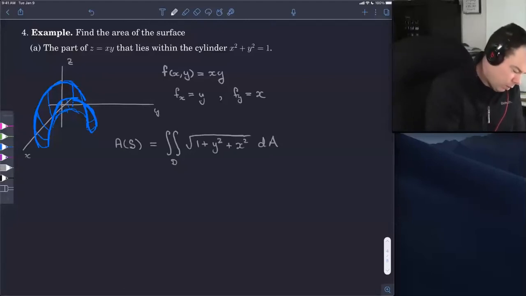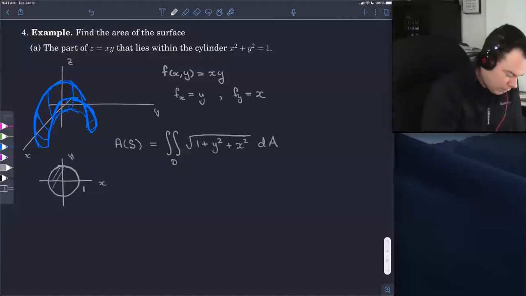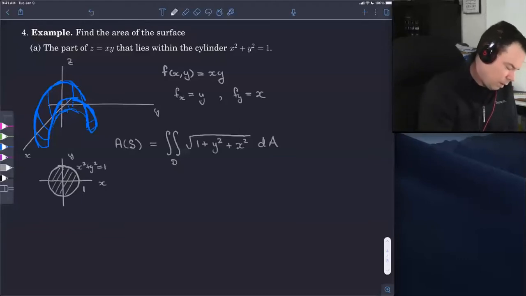So we're supposed to be integrating this thing over the cylinder because we want the part that's inside that cylinder. So we'll get a little sketch here of what the footprint of our region of integration is. It's a cylinder, radius 1. So in the plane, it's going to be this disk of radius 1. So this is x squared plus y squared equals 1.